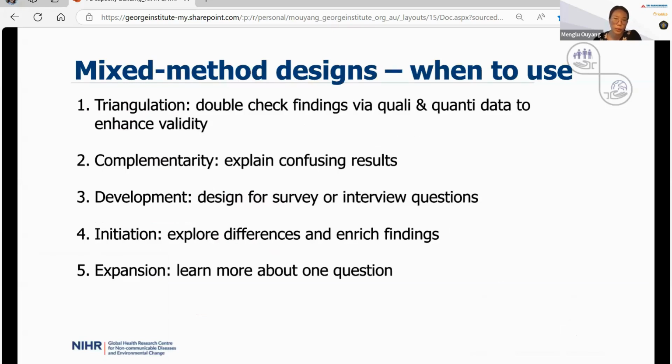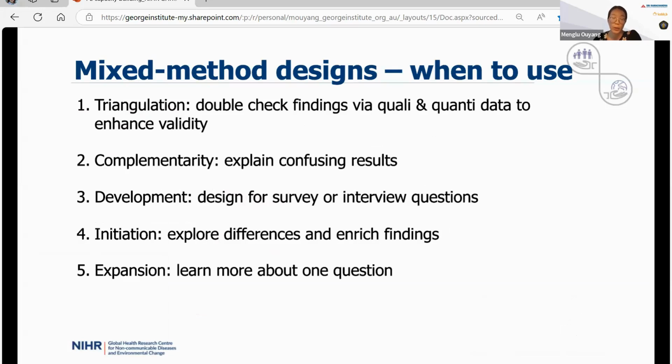So when should we use the mixed methods design? First of all, it can help us with triangulation of the findings, using both data types, the quantitative numbers and also the quotes and statements from the qualitative data, to enhance the validity across the findings.